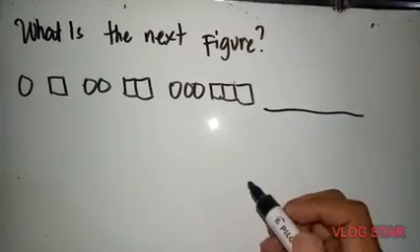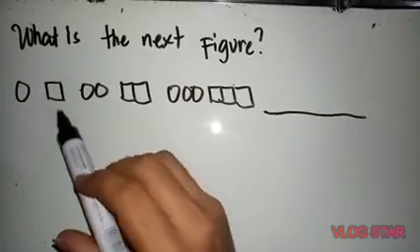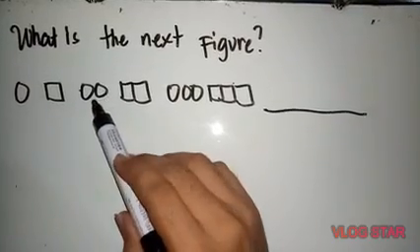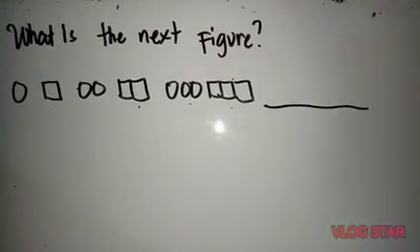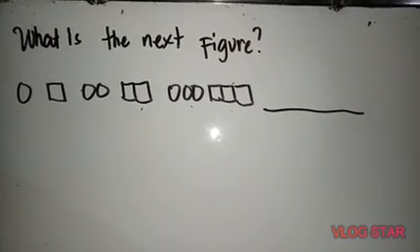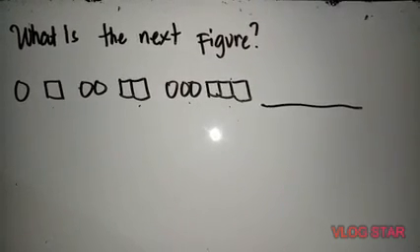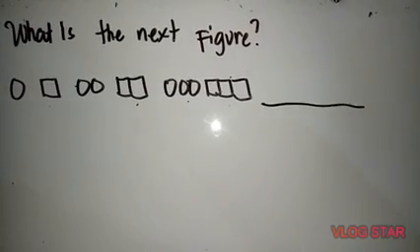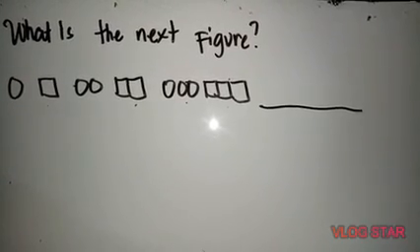Let's see this pattern of circles and squares. First is one circle, one square, two circles, two squares, three circles, three squares. You can observe that we start with one circle, one square, and it increases by one circle, one square as the sequence continues.